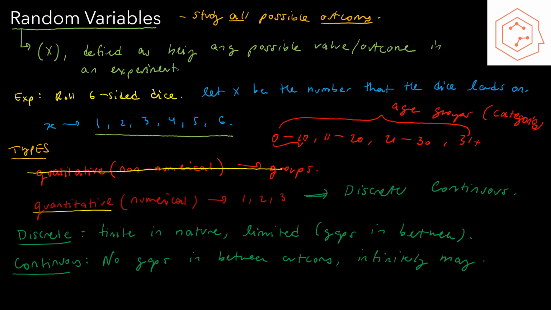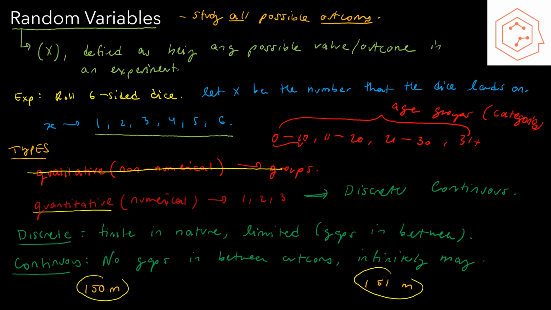So for example, let's say I define a second experiment, where I go out and I select a random person and I measure their height in meters. So now x is the height of the person in meters. So let's say the first person I find, he's 150 meters tall. A second person I find is 151 meters tall. This data set is continuous because my random variable can take on any possible value.